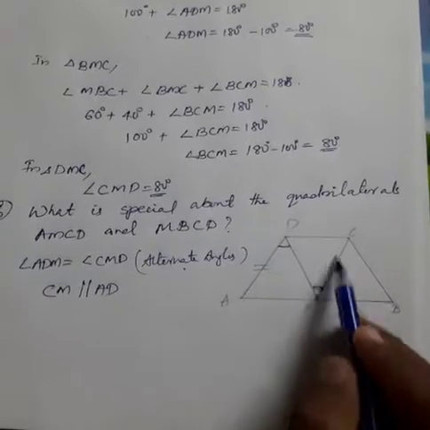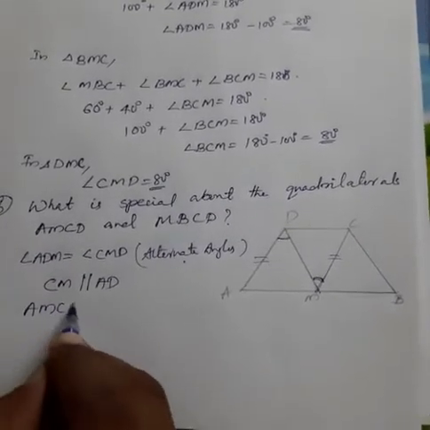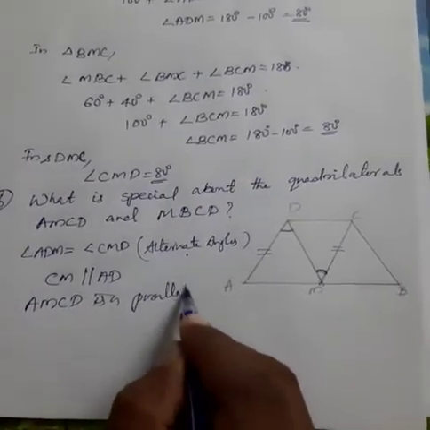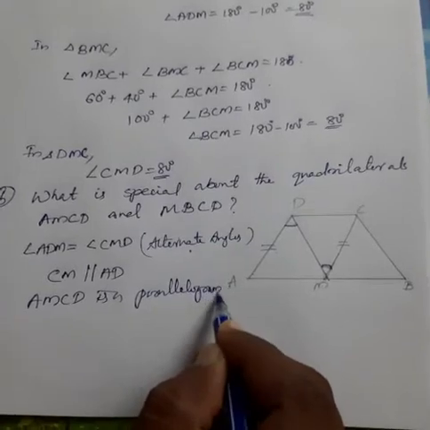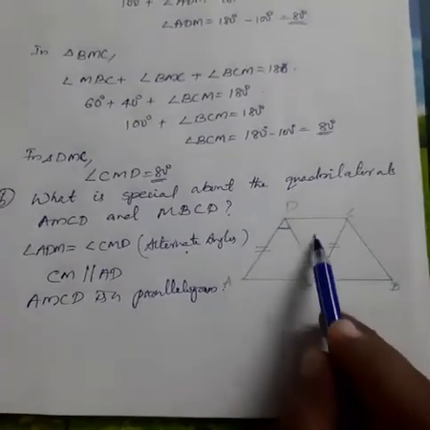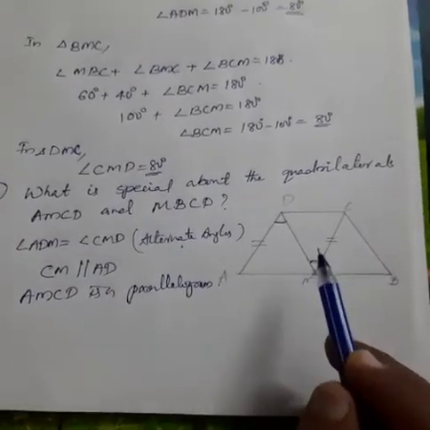We can write this as a parallelogram. So AMCD is a parallelogram. That is the speciality of this quadrilateral. Same like you have to find out the speciality of the other quadrilateral also.